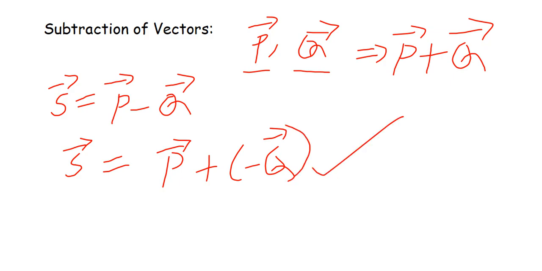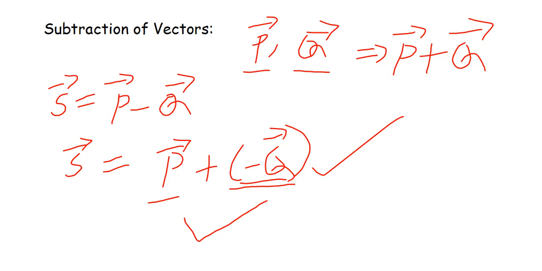What we have done here is add the vector p bar to the vector minus q bar. Both these are the same.